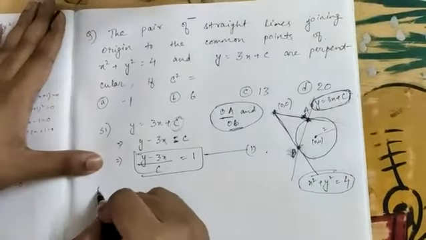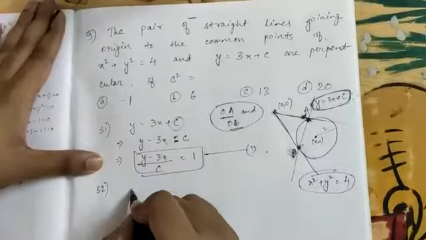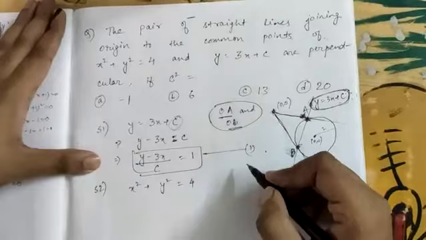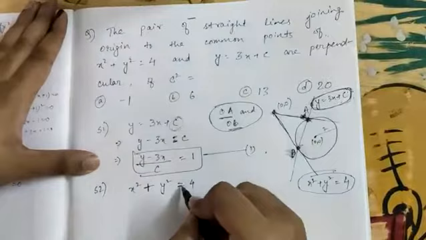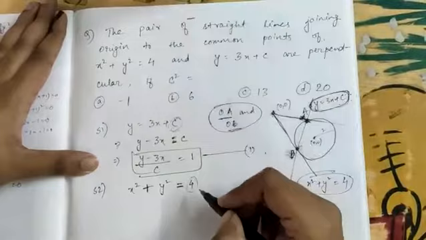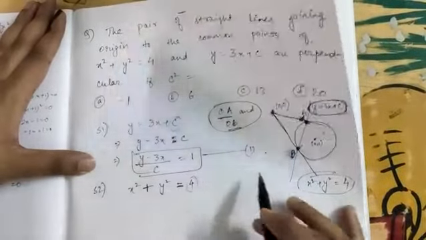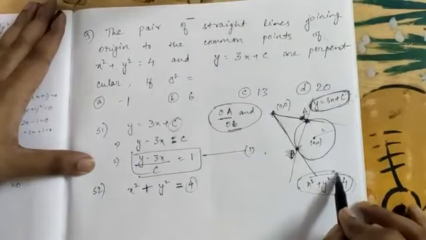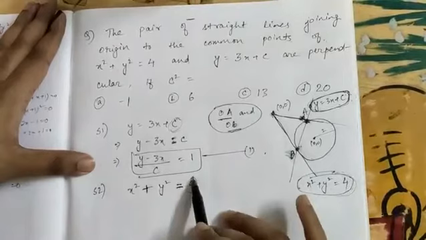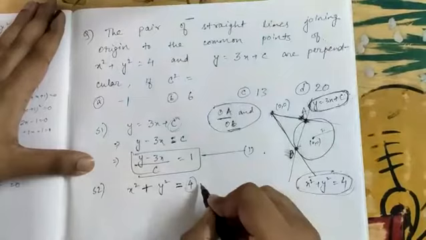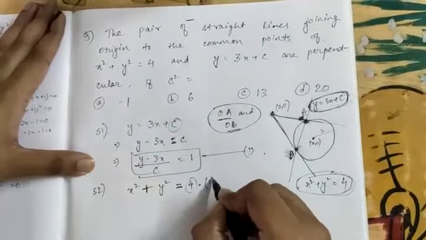Okay, in step 2 you have to write the equation of curve 2, that is x square plus y square equal to 4. After writing the equation of the second curve, whatever condition your second curve is given in, try to write the constant term of the curve on your right hand side and the remaining terms on your left hand side, and multiply that constant term with 1 square.